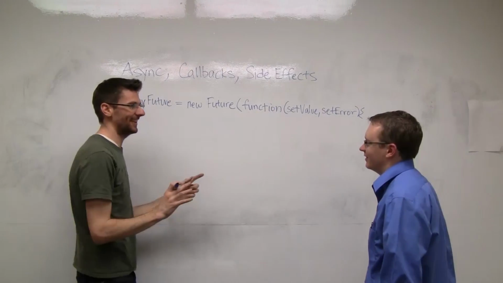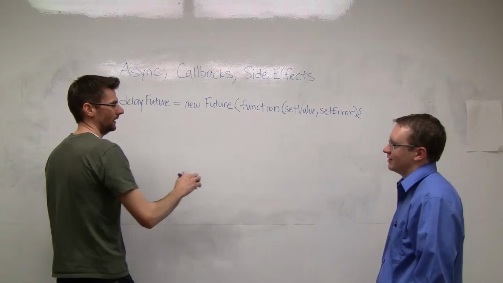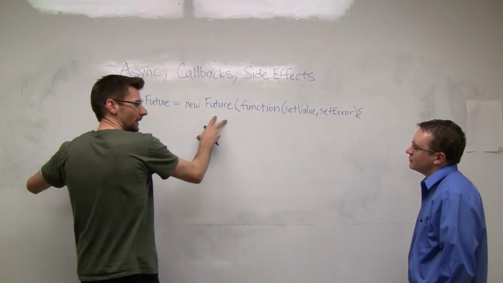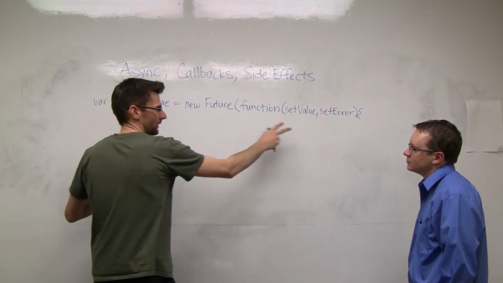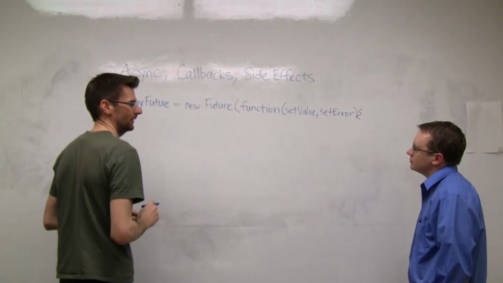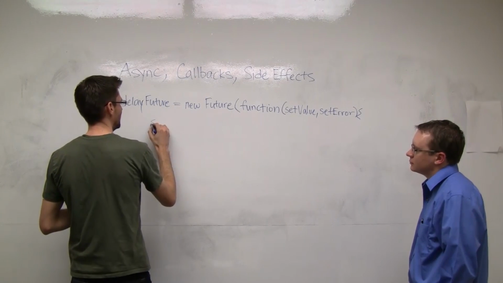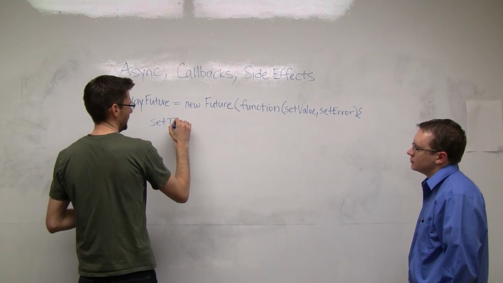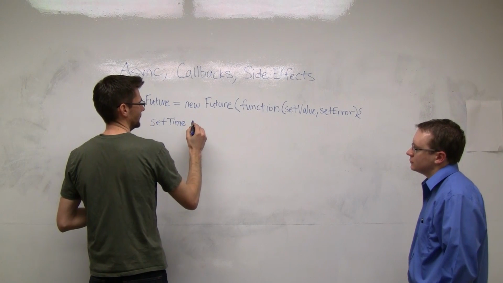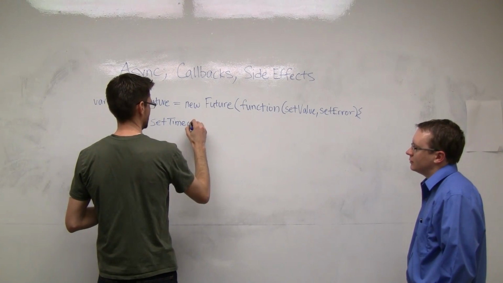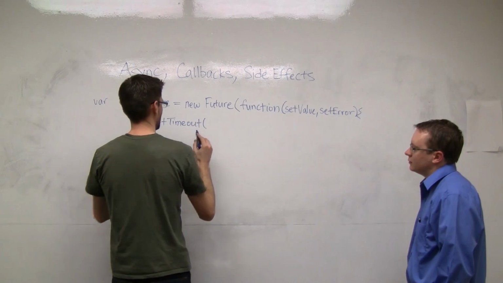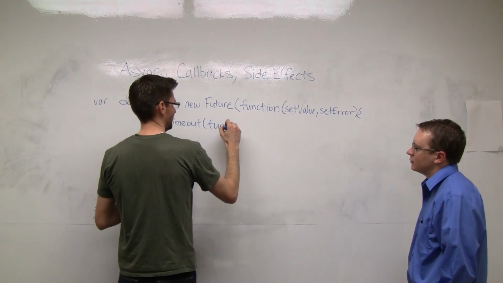That's a little hard to understand, but it makes sense in a minute. So if I want to tell this future that I'm done, or that there was an error, I simply call those methods. So what we're going to do is we're going to say set timeout. That's right. And we're going to have a function here.